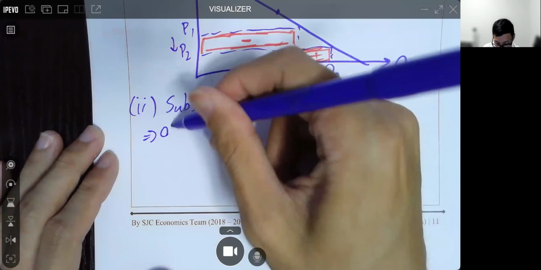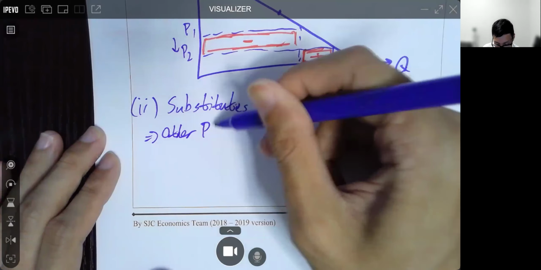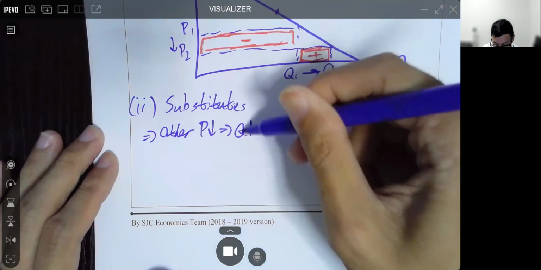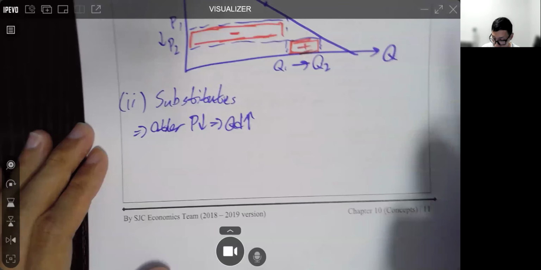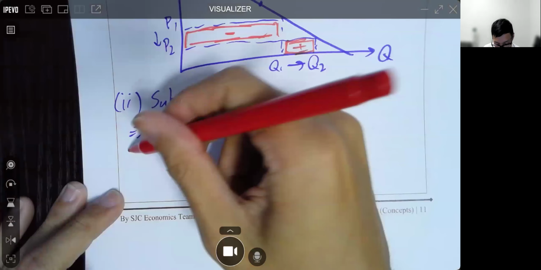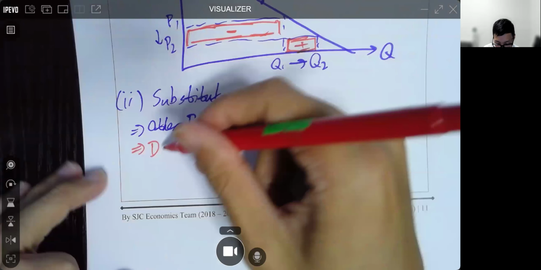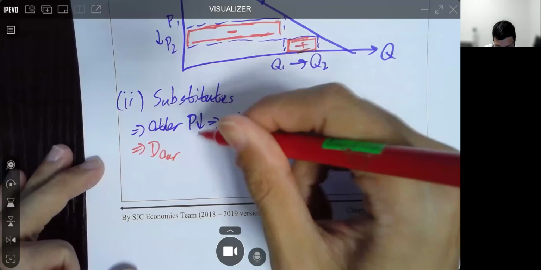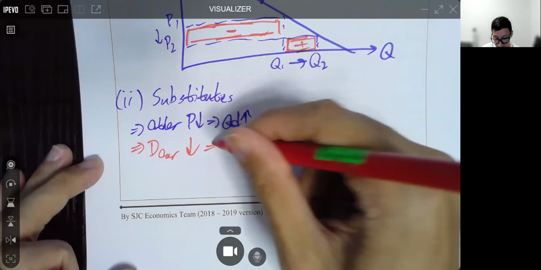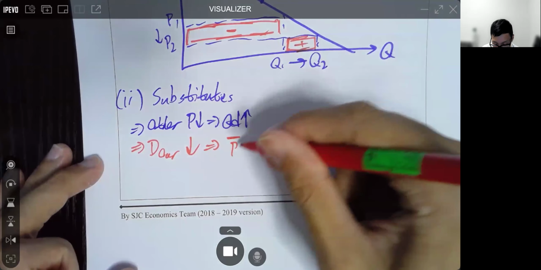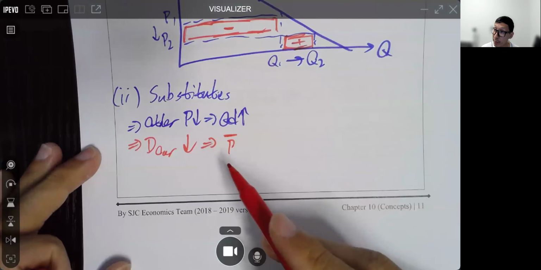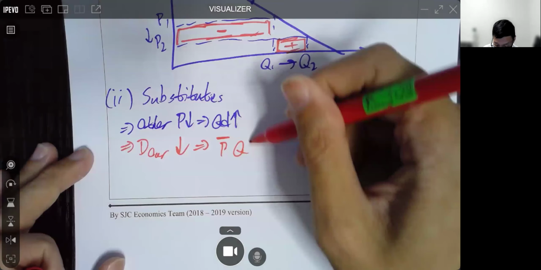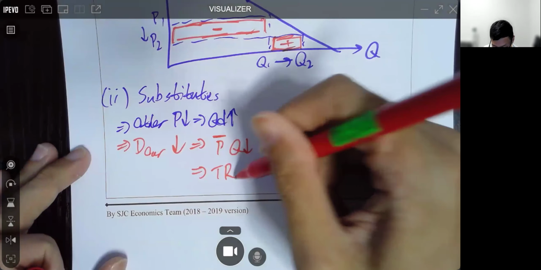So when other price drop, then their quantity demanded would increase. What happens? The demand for our newspaper would drop. Therefore, P remains unchanged. Although P remains unchanged, Q would drop. Therefore, total revenue would drop.